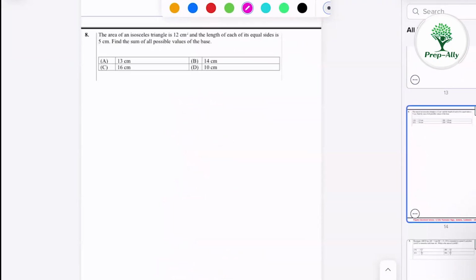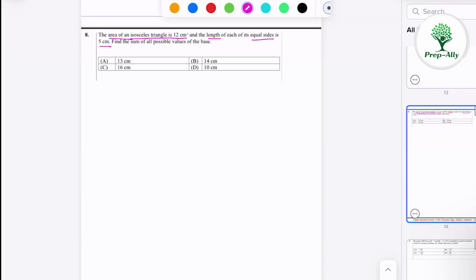So let's look at the eighth question. So they're telling us that the area of an isosceles triangle is 12 centimeter square and the length of its equal sides is 5 centimeter.